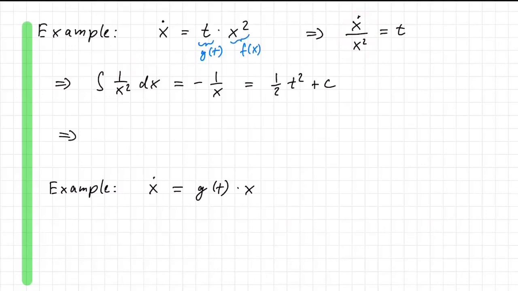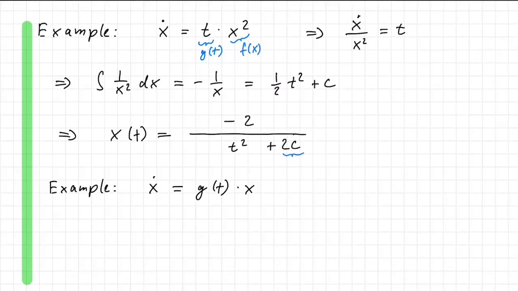So here we find that x of t is given by -1 divided by 1/2 t squared plus c. You can further simplify this equation if you multiply both numerator and denominator by 2. Then we would get a -2 here and here 2c, which we could redefine as a c0 again. But it's not essential. This is just to make it look nicer, but the previous solution was just as good.